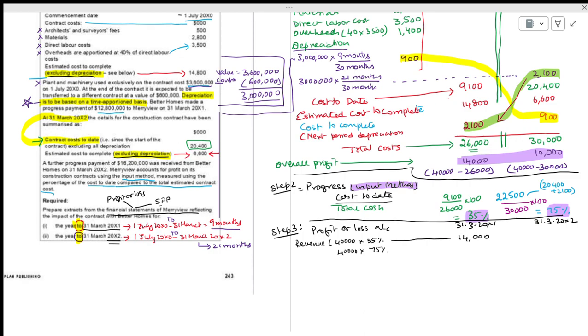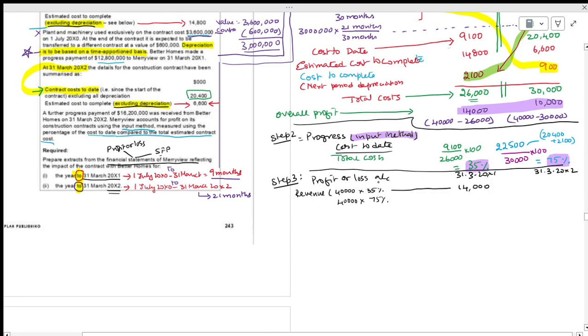Next. How much is for the next? 30,000. Think carefully. I'm giving you time. 35% and 75%. Now you will understand. We are doing from 1st July to 31st March. How many months? 9 months.